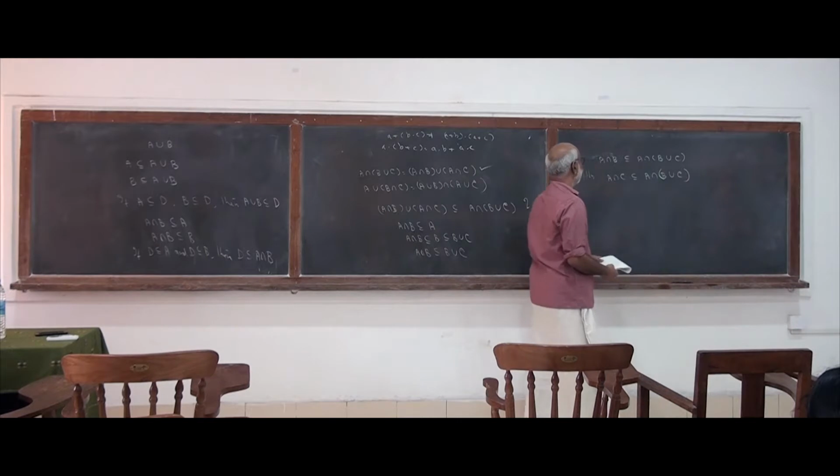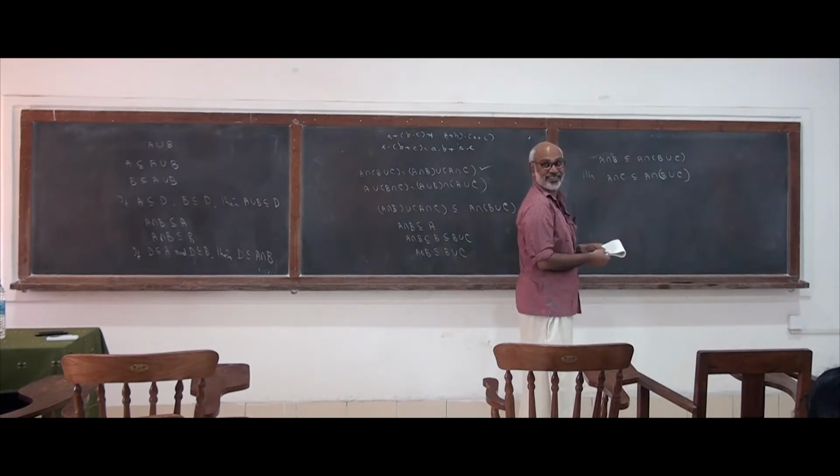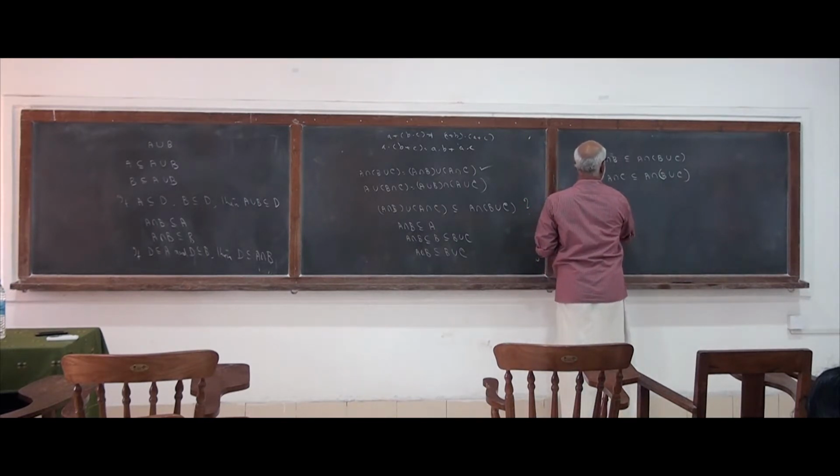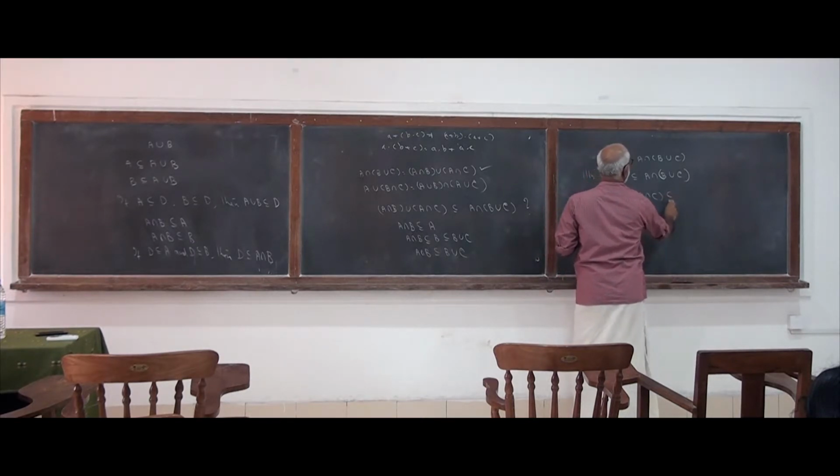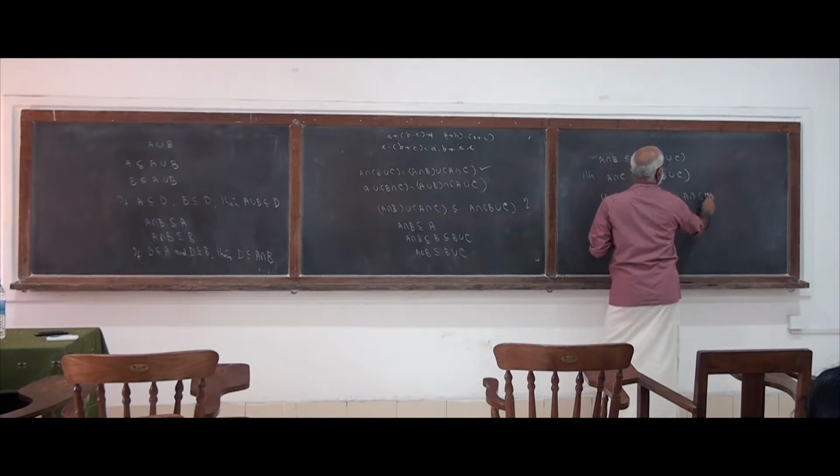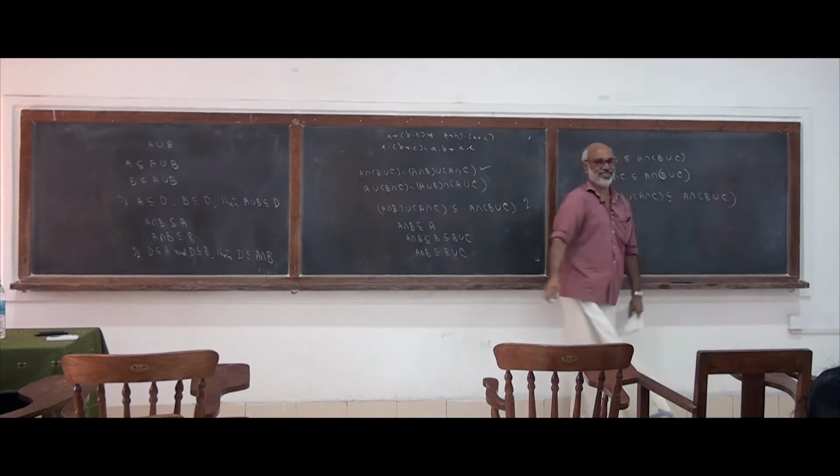If that is the case, then what happens? Then we have that A intersection B union A intersection C is also contained in A intersection B union C.